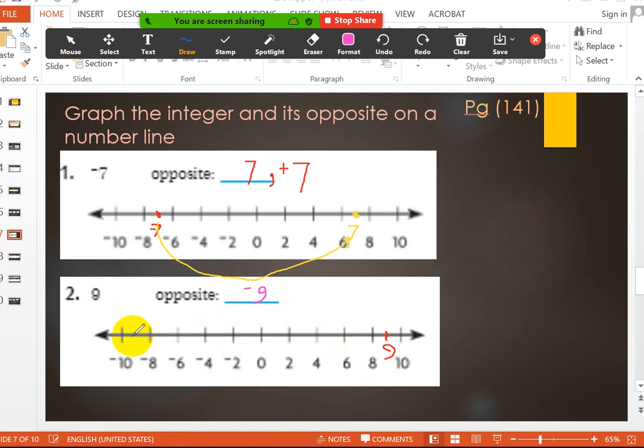That means it will be right here, the -9. This is -9, the same number with the opposite sign. Okay, so if you finish, please, could you please type 1 in the chat to continue, girls?